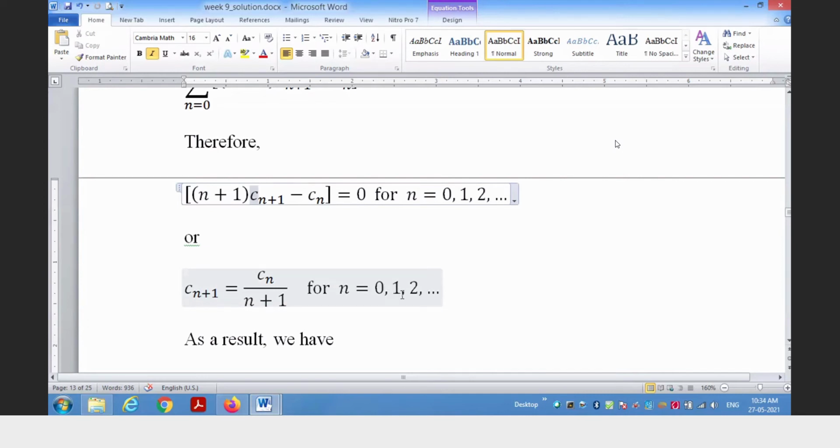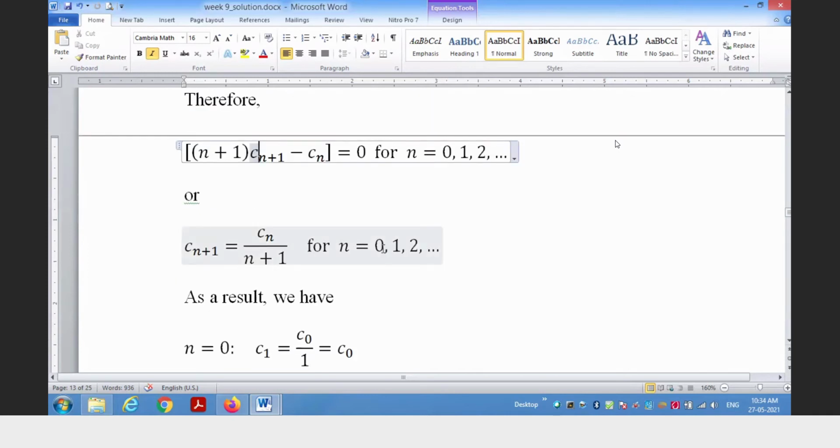Now to get the value of cn, when n equal to 0, c(0+1), that means c1, will be c0 over 1.